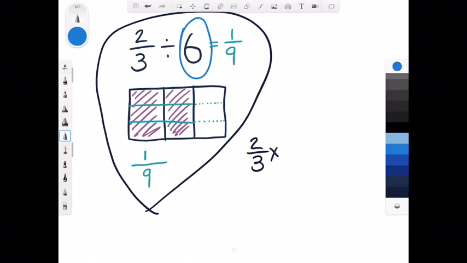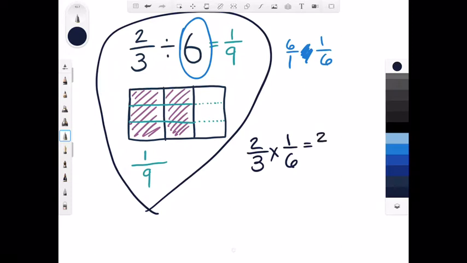Since the divisor is 6, or 6/1, the reciprocal is the opposite, so it's 1/6. So we're going to multiply it by 1/6.